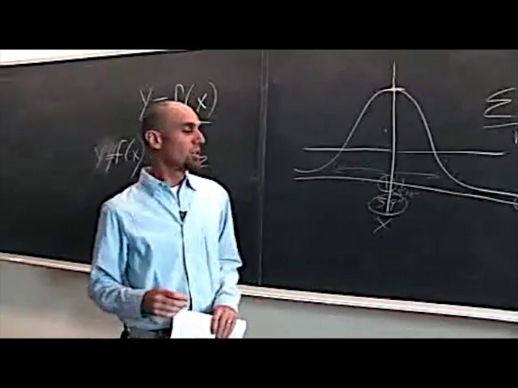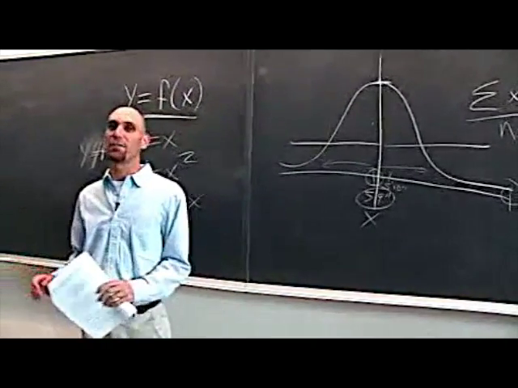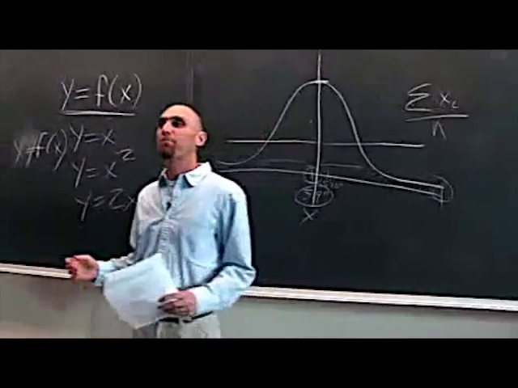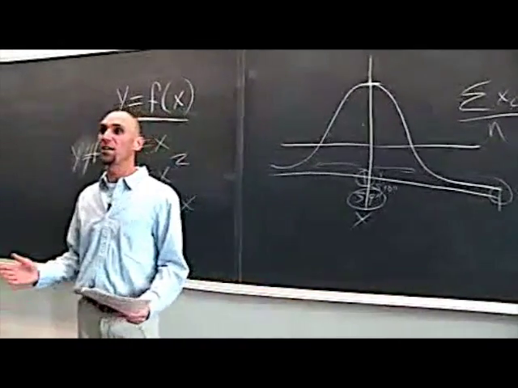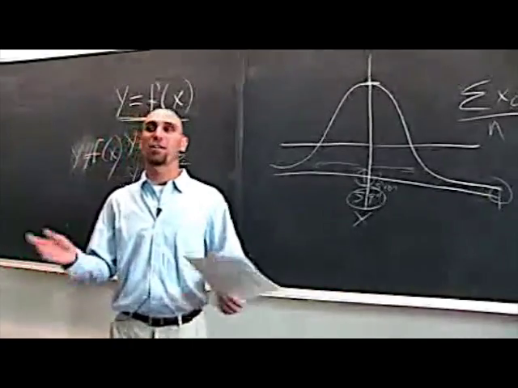The other thing a distribution tells us is something about how spread out the observations are. Spread is important because it tells us about the precision of whatever we're measuring. How much clustering is there?